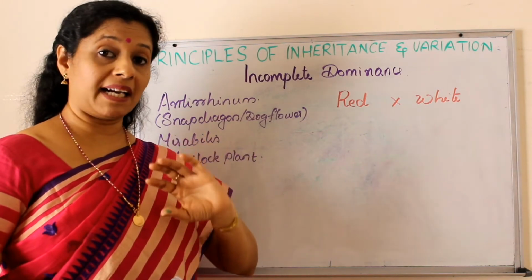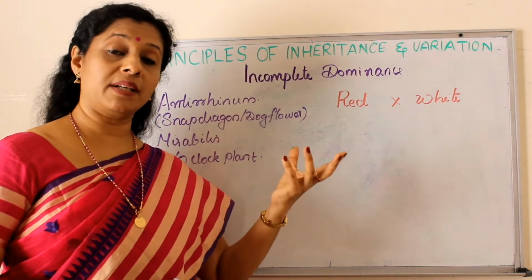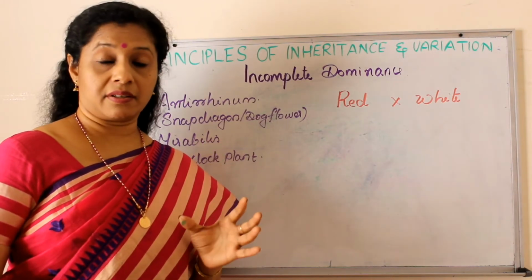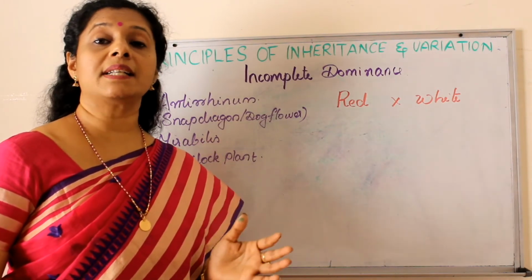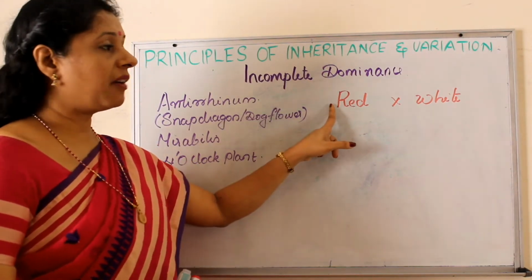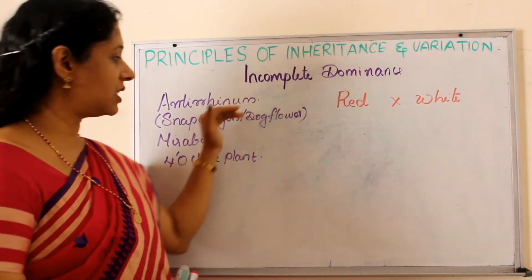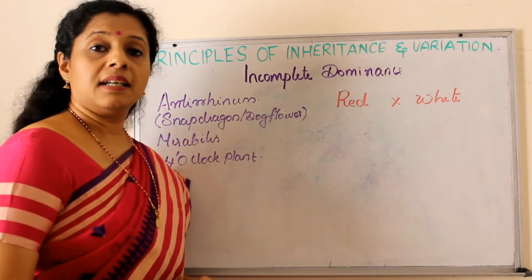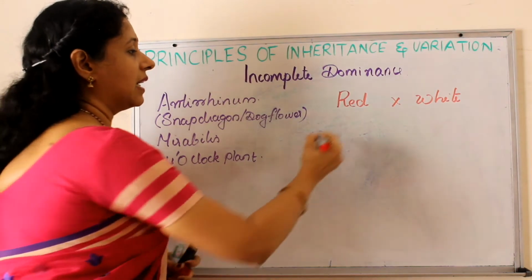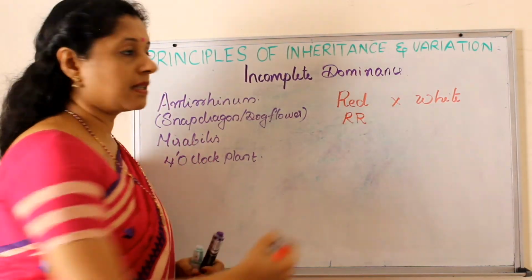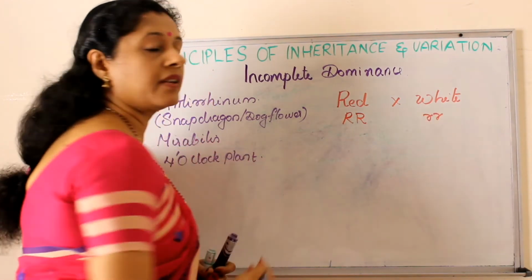When Mendel crossed a violet, which is the dominant flower, with a white, which is recessive, he got only violet flowers in the F1 generation, and violet and white appeared in the ratio 3:1 in the F2. But here, when a red flower was crossed with a white flower in these two species of plants, red is the dominant trait, so we write it as capital R, whereas white is small r, which is recessive.